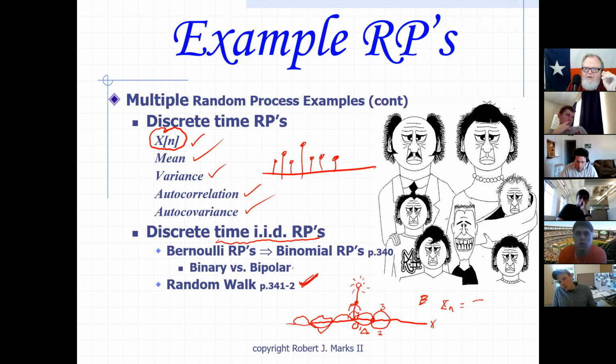It's equal to the summation of, say, k is equal to 1 to n of a, let's see, I've used x already. Let me use a Z sub n, where Z sub n is a bipolar stochastic process that says 50% I go to the right, 50% I go to the left. So each one of these is a Bernoulli trial.